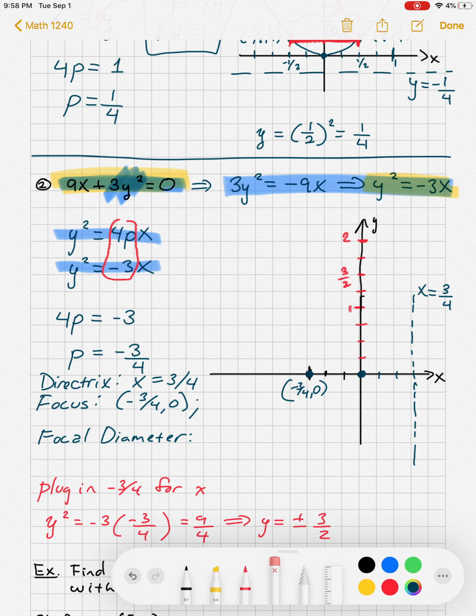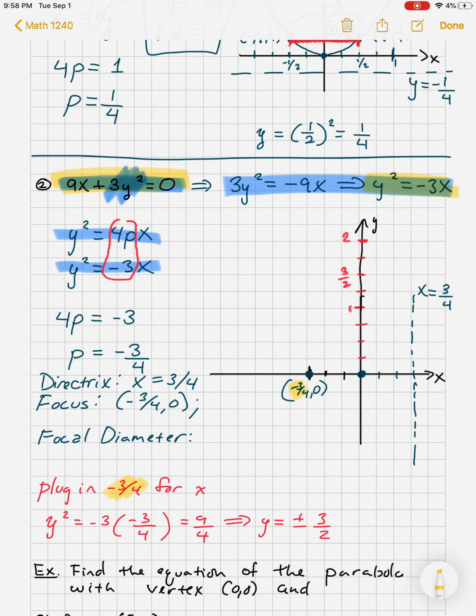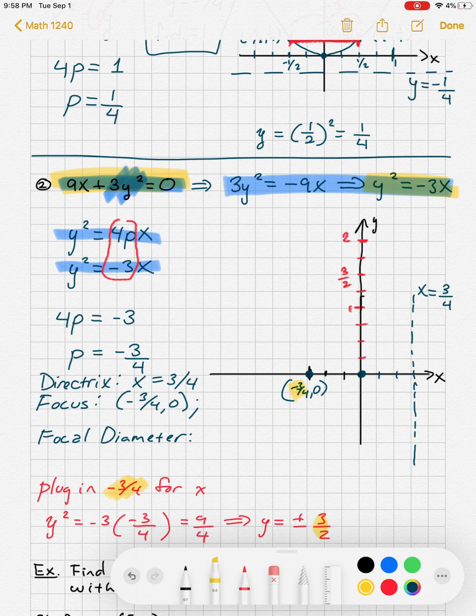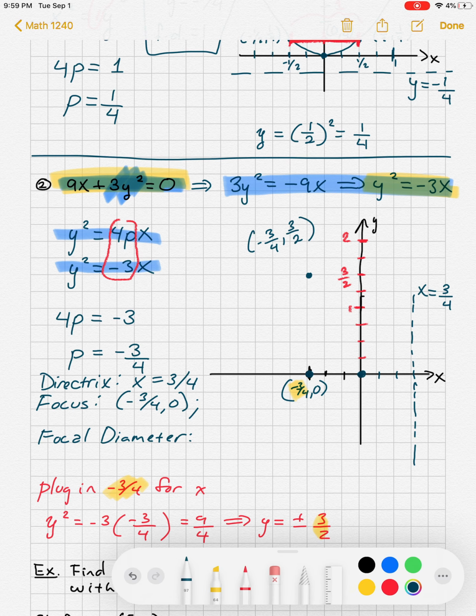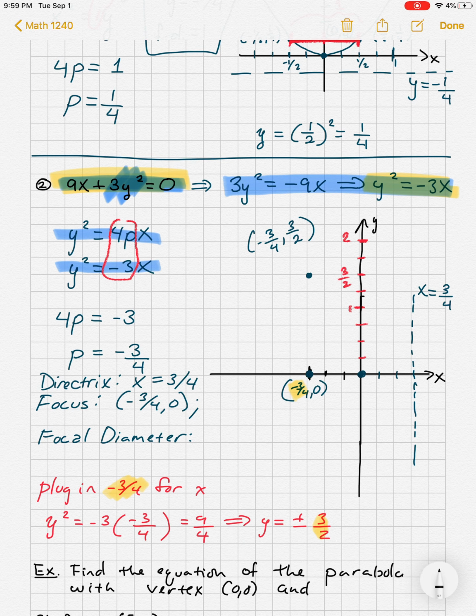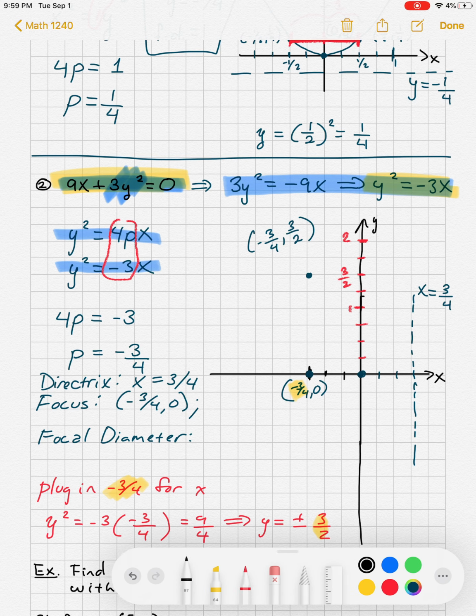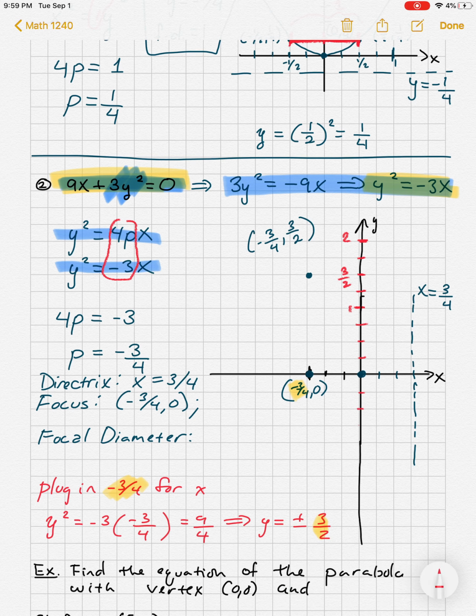So when I go to plot the point, what was the point? The x was -3/4, the y was positive or negative 3/2. So I'd go up to 3/2, that'd be here. -3/4, 3/2. And then I'd have the same thing on the negative side. I have enough room.